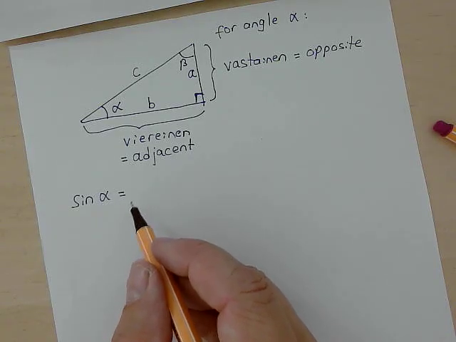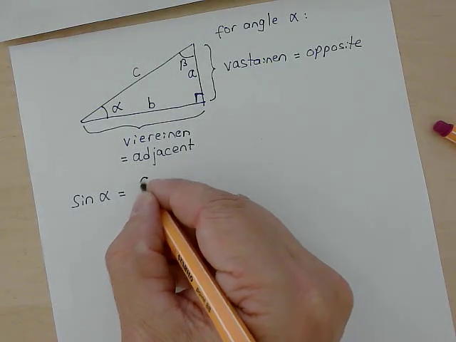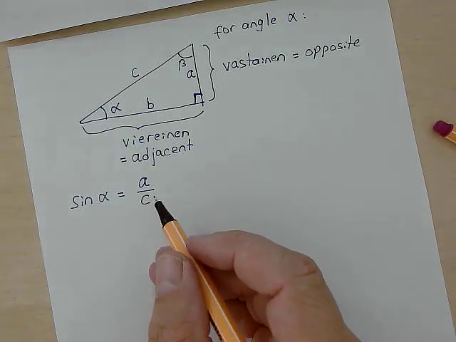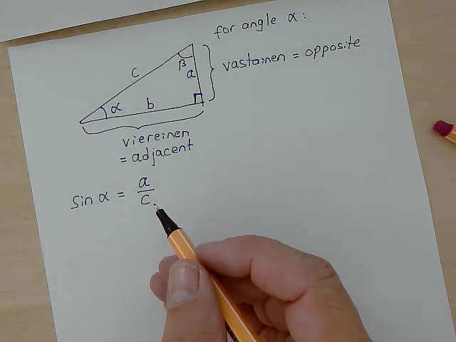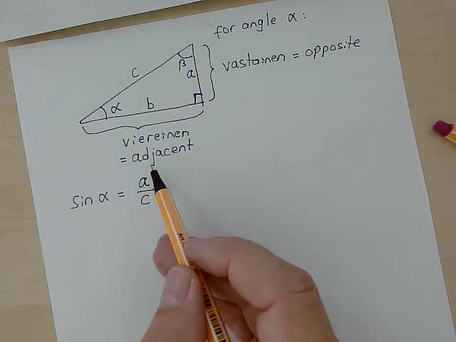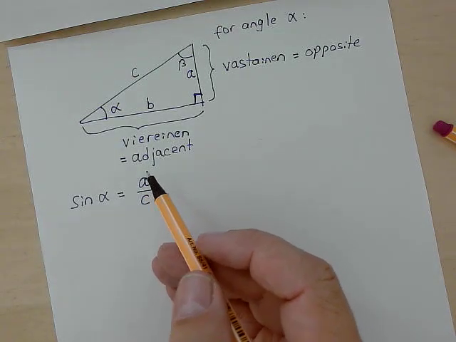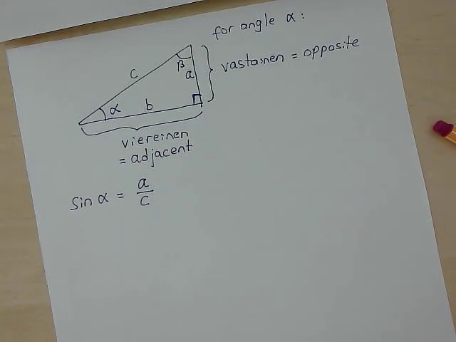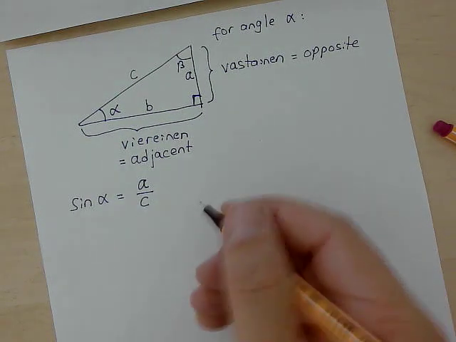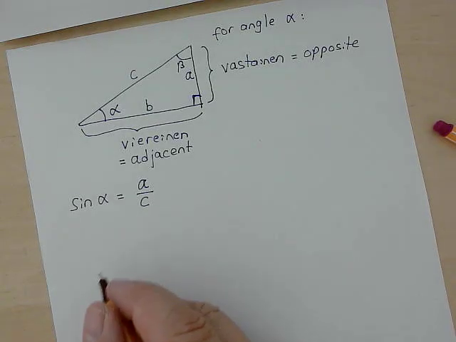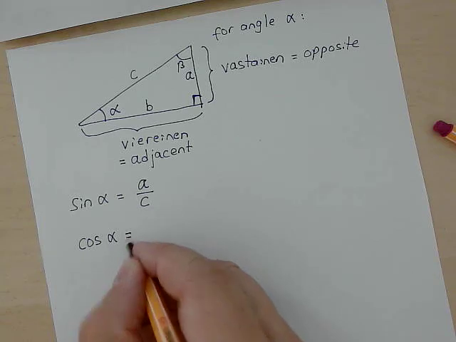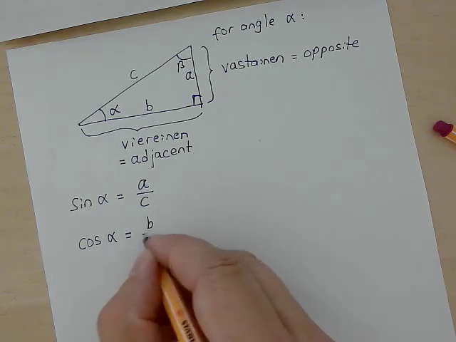A over C. That is opposite divided by, how do you say this word, adjacent. Adjacent, yeah, in English. How about cosine? B over C. B divided by C.